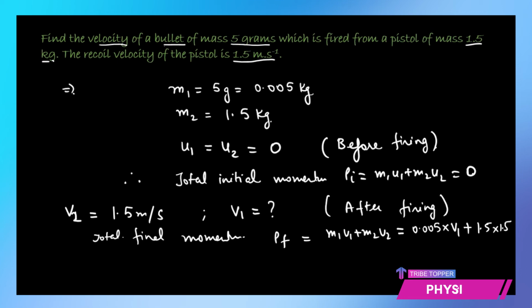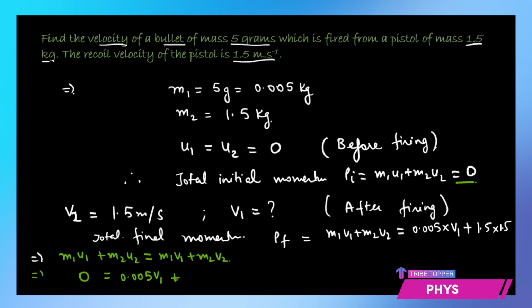Now just apply the law of conservation of momentum equation: m1u1 plus m2u2 is equal to m1v1 plus m2v2. The left side is 0, equal to 0.005 times v1 plus 1.5 into 1.5.